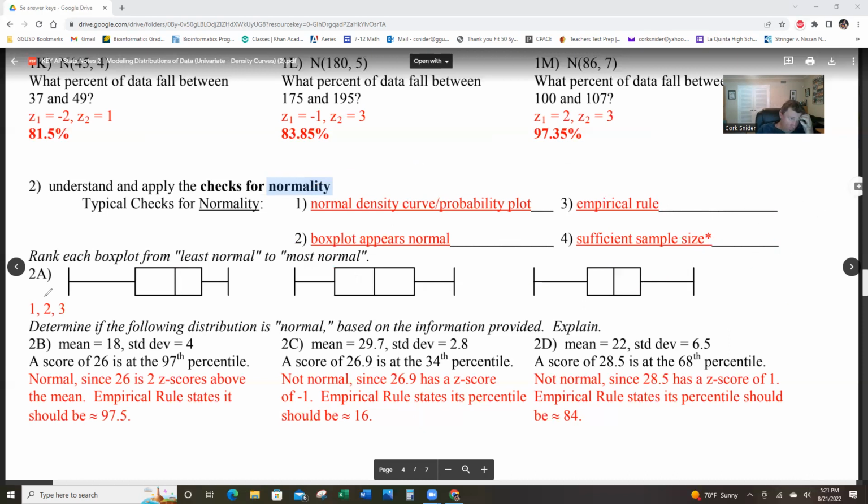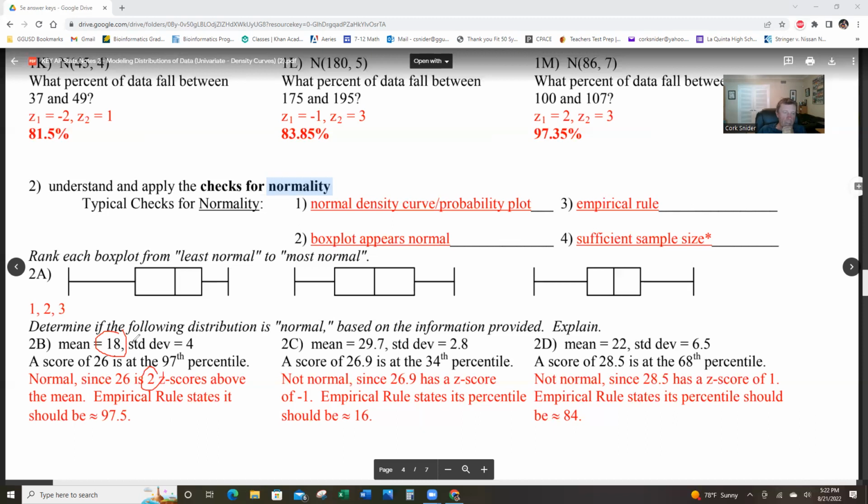Okay, so 2A, rank from least to most normal. The least normal is 1. They're in order. The least normal is 1, second here, and this is the most normal, and I already explained that. Okay, 2B is based on only this information that you got. Could you say that the data is normal? If the mean is 18 of some distribution and the standard deviation is 4, and you scored a 26, and that's the 97th percentile, could the data be normal? All right, so what you would do is quickly calculate a z-score for 26. That z-score is 2.